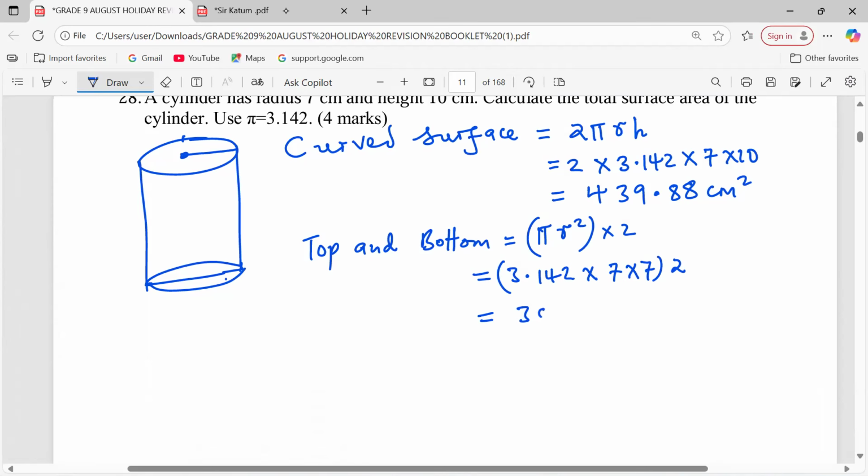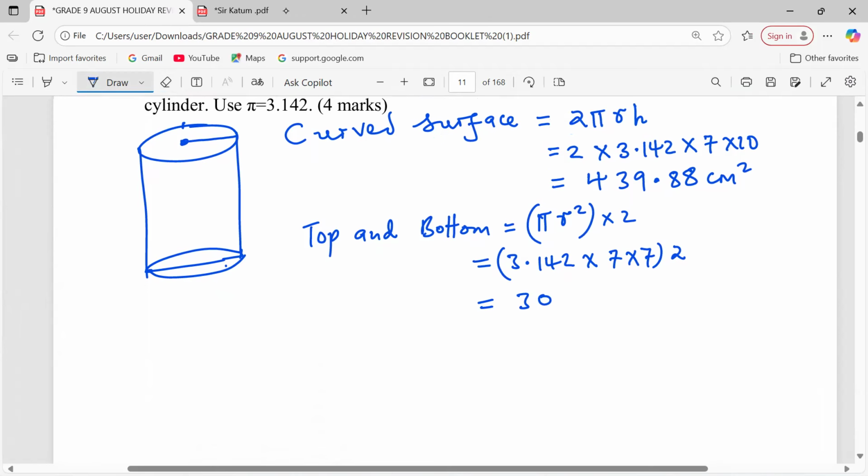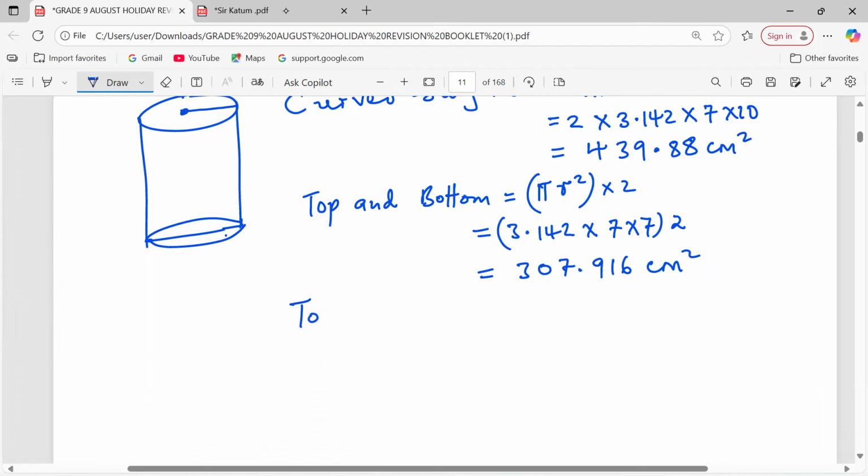This gives us 307.916 square centimeters. Those who are using their calculators wisely will get these values. Then now we can talk about the total surface area, which will be given by top and bottom plus the curved, 439.88.